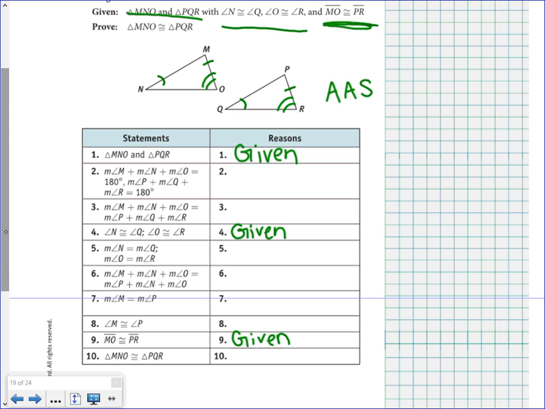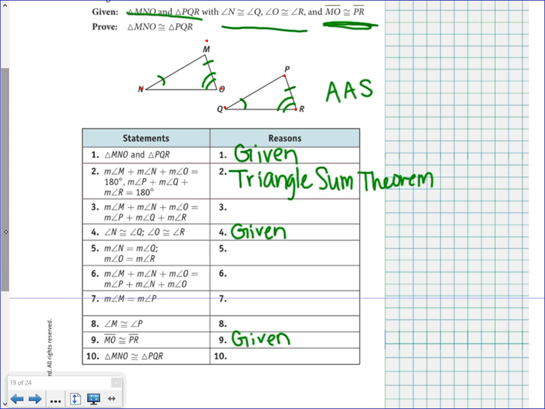So the next thing they tell us, angle M plus angle N plus angle O equals 180. Well, if you look, angle M, N, and O are the 3 angles in that triangle. And so we know that they equal 180 by the triangle sum theorem. Same idea with P, Q, and R. P, Q, and R are the 3 angles in that triangle.